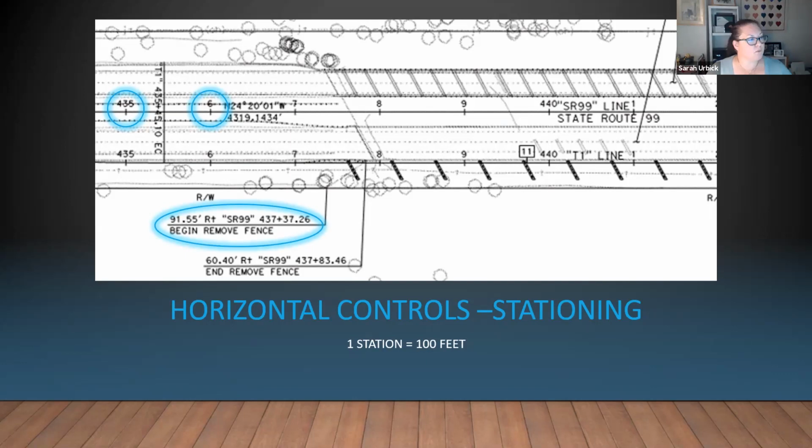What this is telling me on this particular set of plans is that based on this alignment, this SR99 right here, at this station, that's where we start removing our fence. Now, if we're getting paid by the lineal foot to remove so much fence, we don't want to start before that.